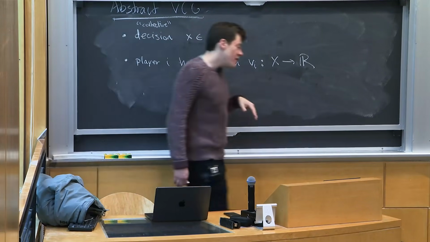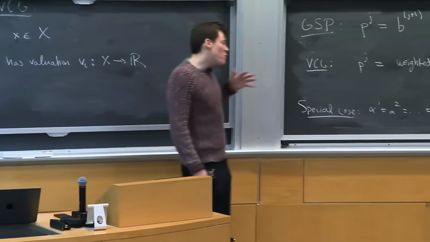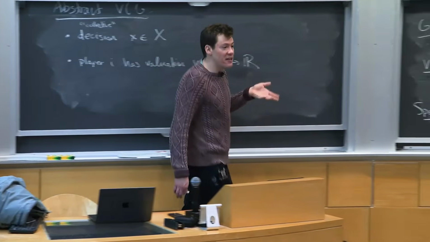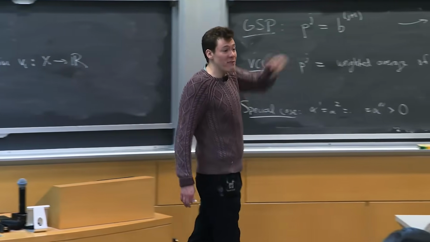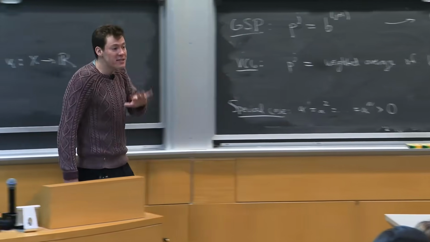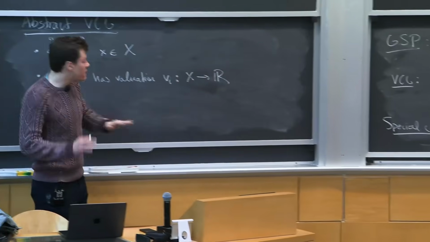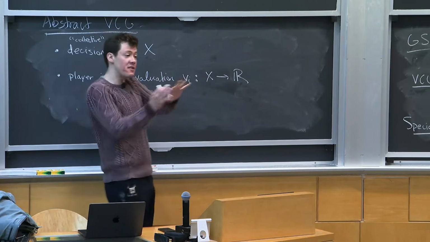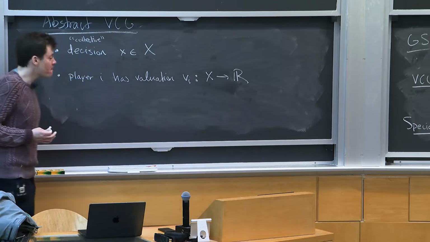The point is this is more general. So it may be that if we're allocating planes to landing slots, I also really like if my competitor gets a bad slot. I don't just care about getting a good slot. So in principle, that could be the case. Maybe there are ways we could restrict it, but this is more general and it makes the notation cleaner, so we're not going to impose that assumption. But I think that's a very reasonable assumption. OK.